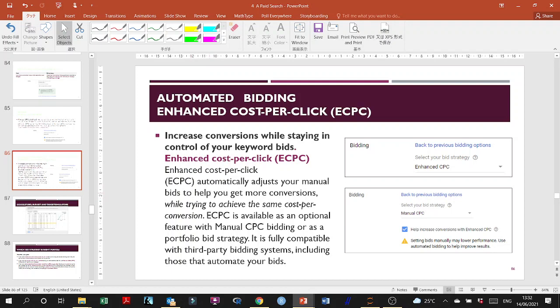This is why we like the automated bidding strategies, because with automated bidding strategies we could rely on Google to adjust our maximum targets, like the targets that we set up, so that we can get the best and maximum possible results.